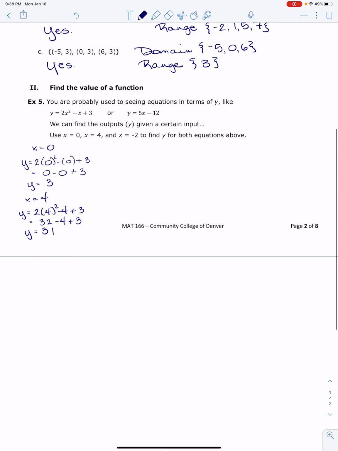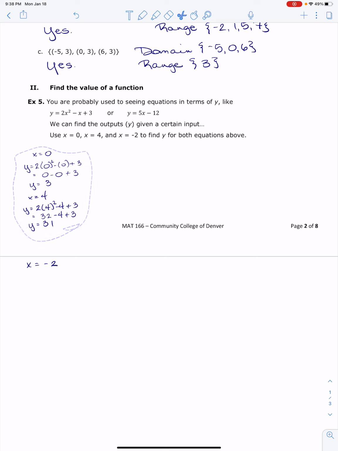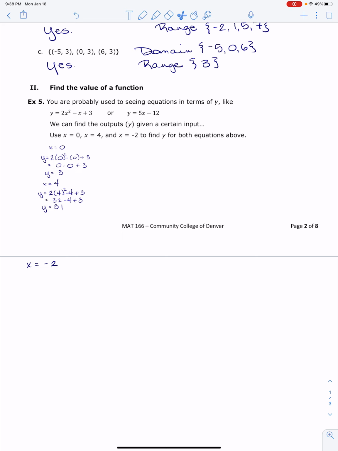And if I plug in, what's my last one? X equals -2. You know what? I'm going to try to cram this in up here so this is all a single page for you. So let me shrink that down. We're not going to go on to the second page. We are going to substitute in x equals -2.